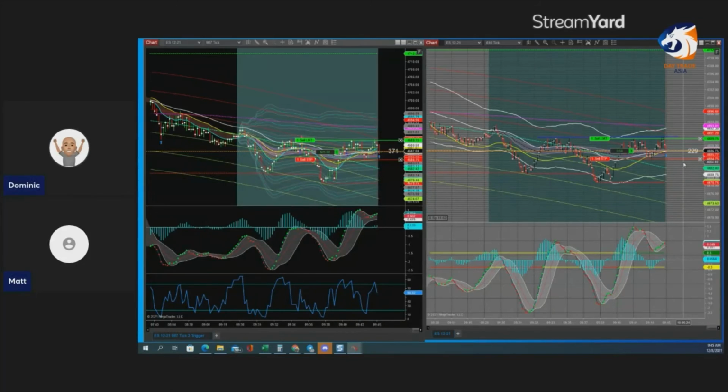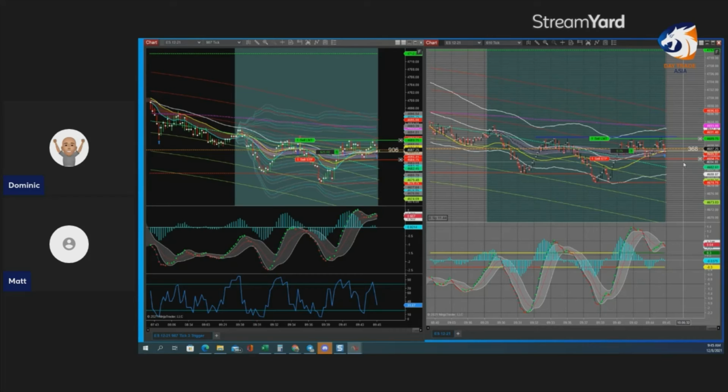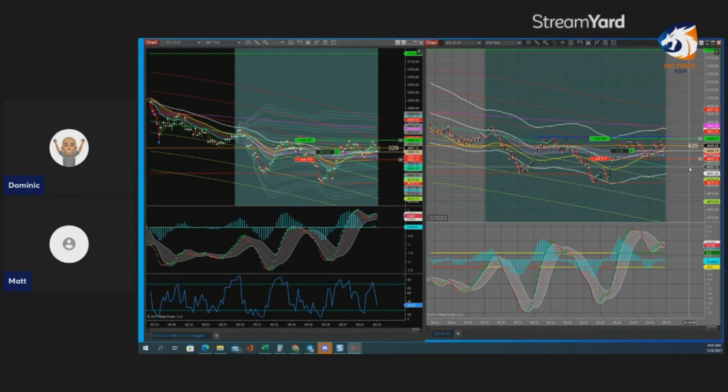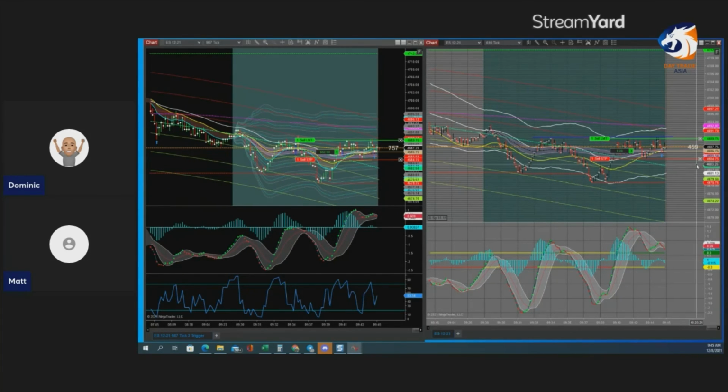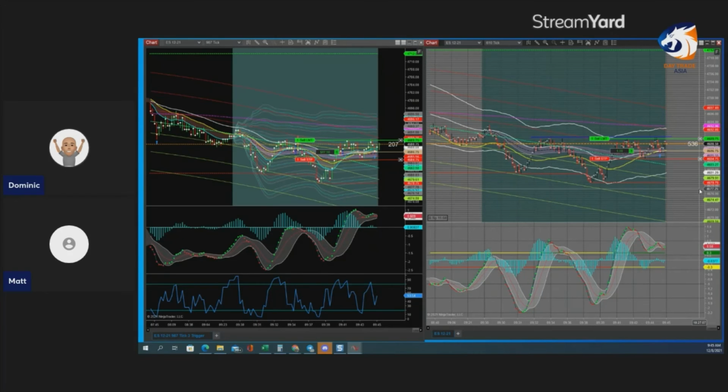I have a 2-point stop. Let's see who's going to test that. Again, this is for 3 points. Or we can put this on 2 points, but I'll leave it at 3 because the volatility is pretty strong.